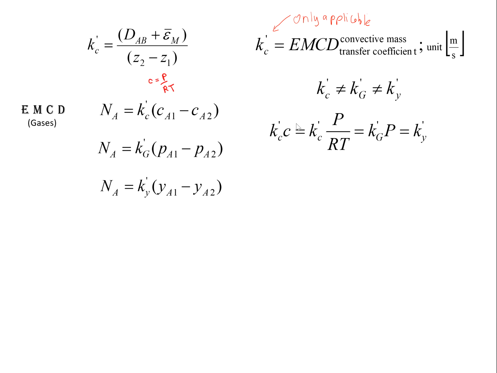Okay, and then you also have the relationship between the concentration of A, the partial pressure of A, and also the mole fraction of A. So from this relationship, you can try to prove that the flux, if you calculate it using either the Kc prime combined with the driving force in concentration, or Kg prime in combination with the partial pressure difference, or Ky prime combined with mole fraction, is going to give you the same molar flux.